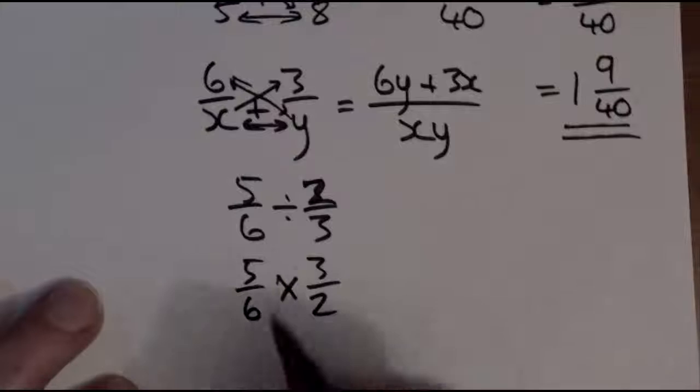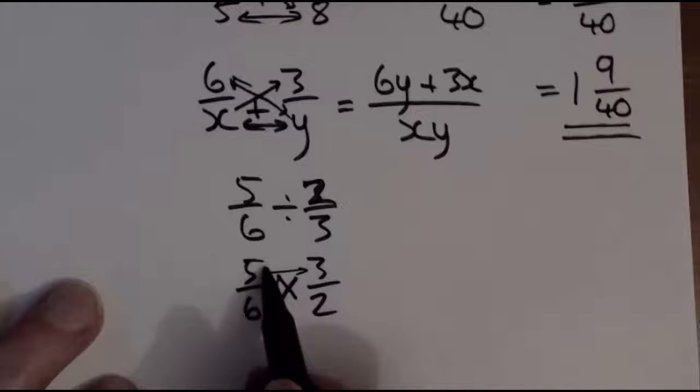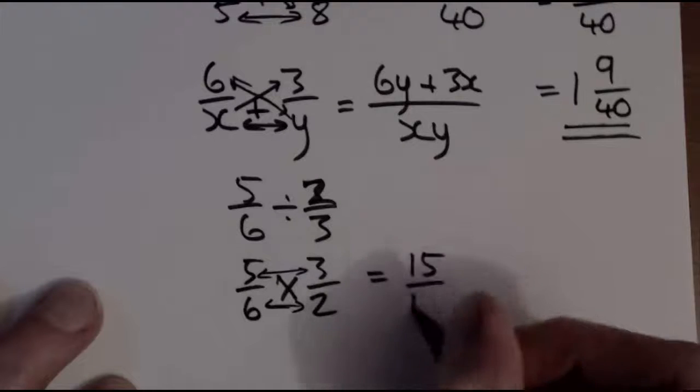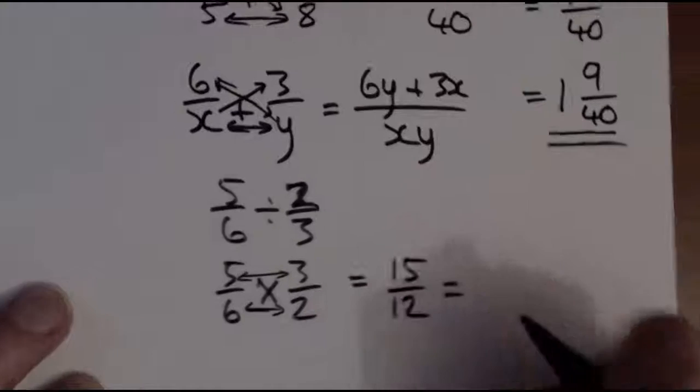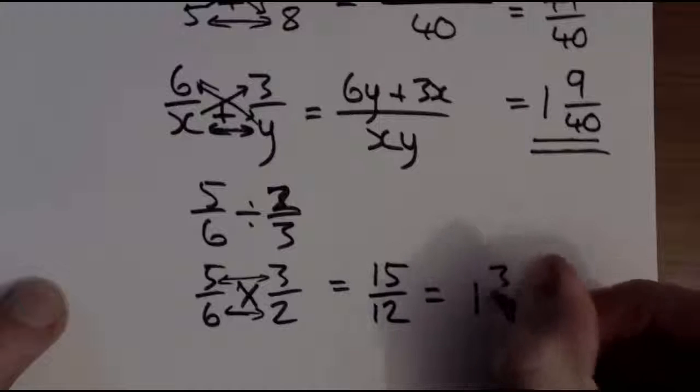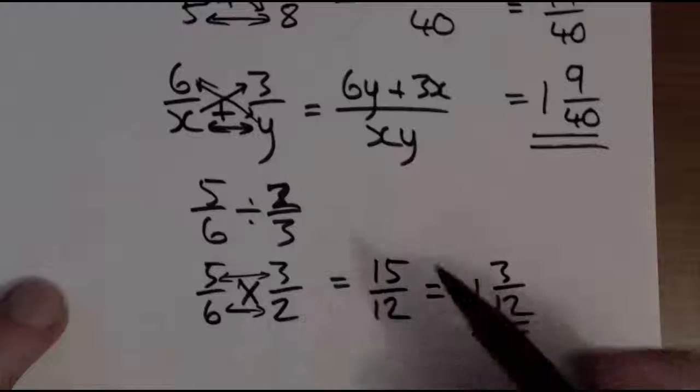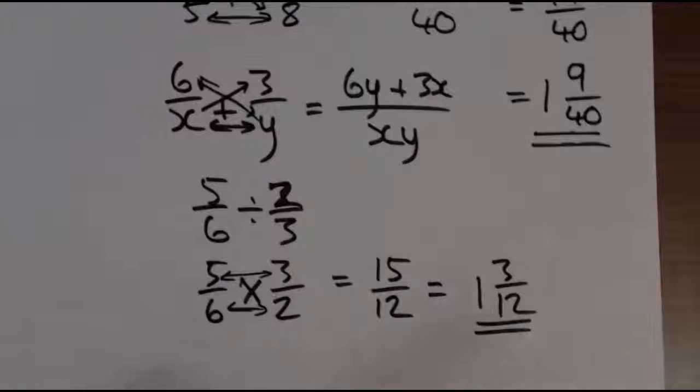And then you just times that by that, and that by that. So that is going to equal 15 over 12, and you could say that is the equivalent of 1 and 3 over 12. Okay, so whether it's fractions or algebraic fractions, the same rules apply.